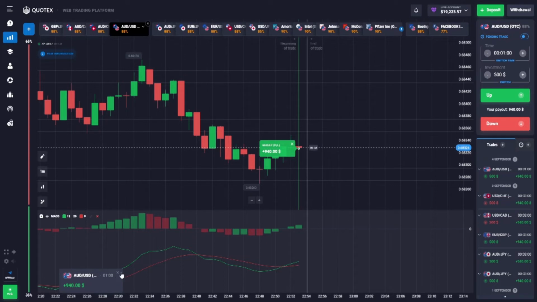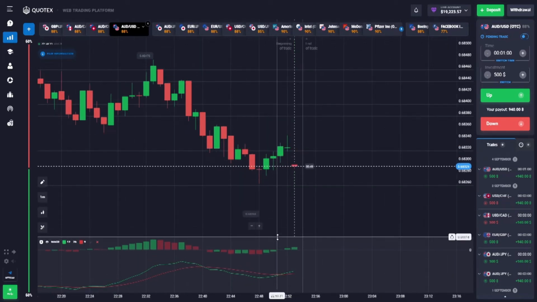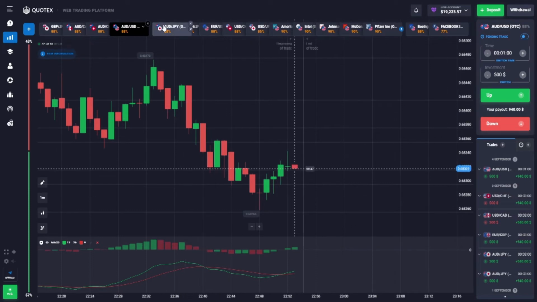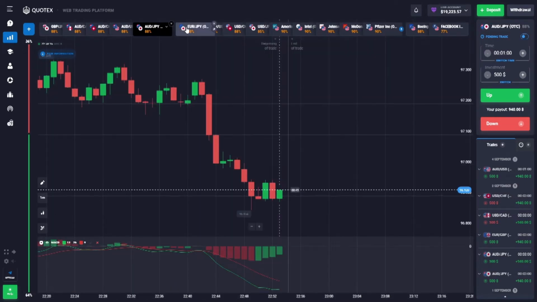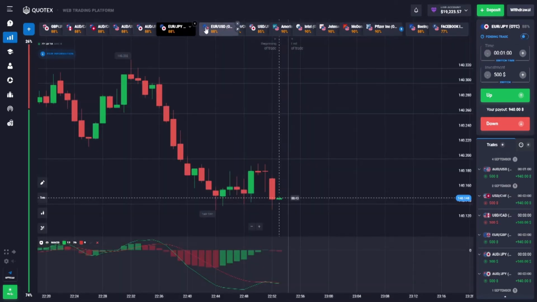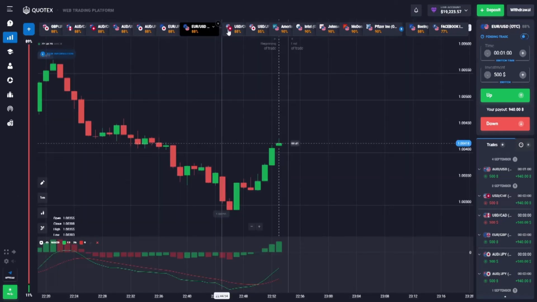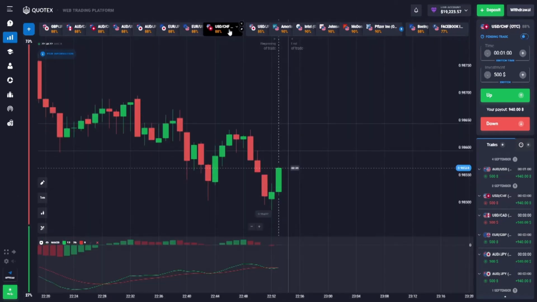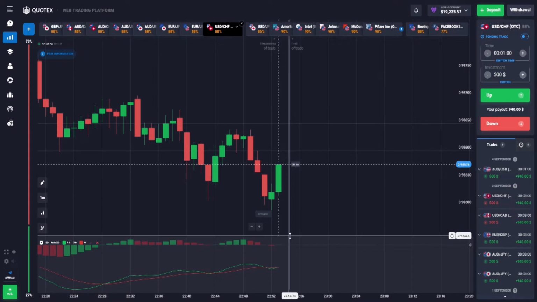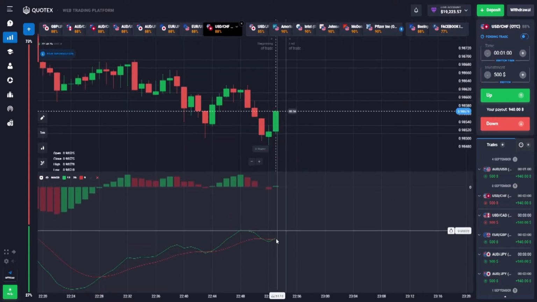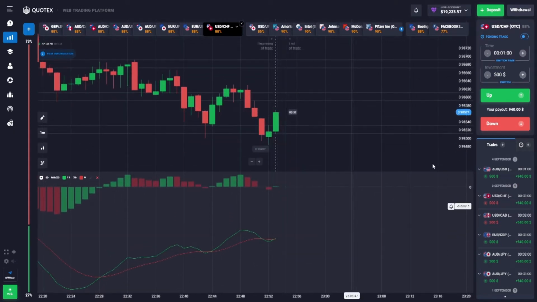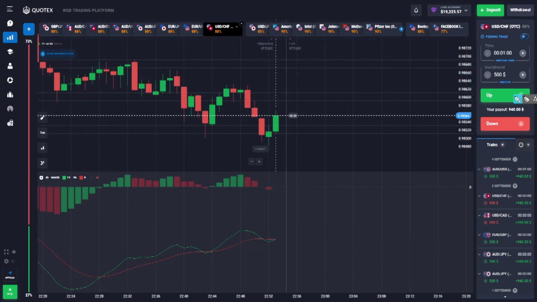Okay, I profit here. Okay, I'm searching the market again. Here I see the green line will cross the red line.